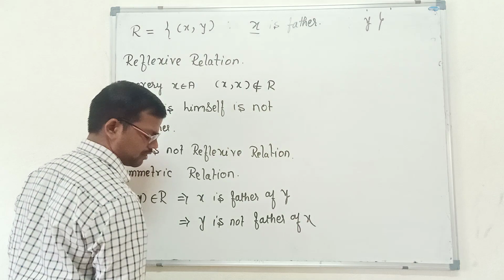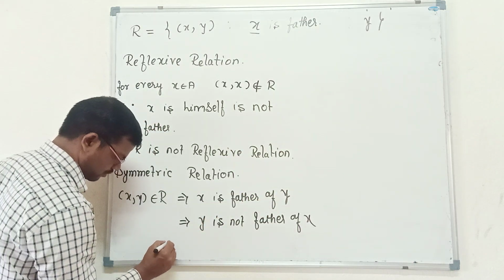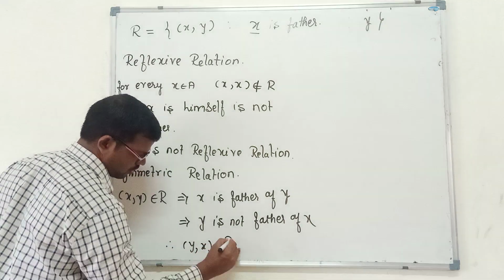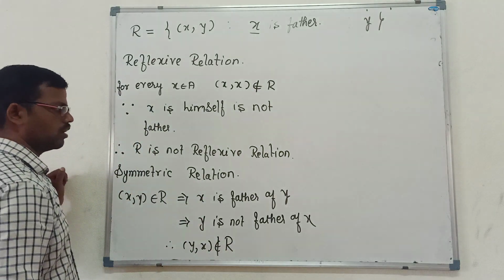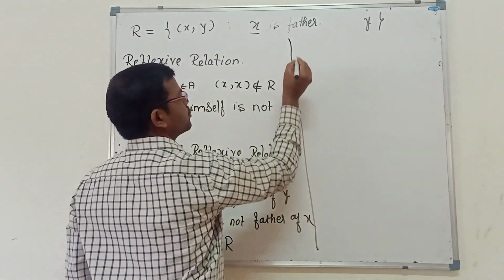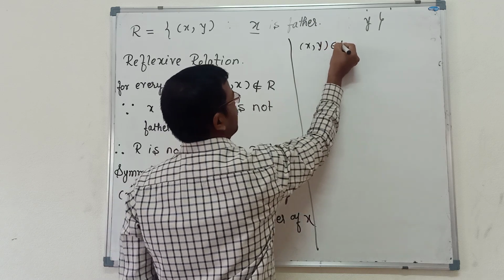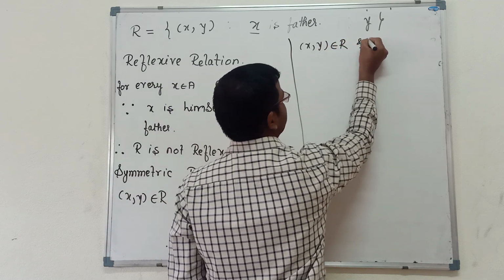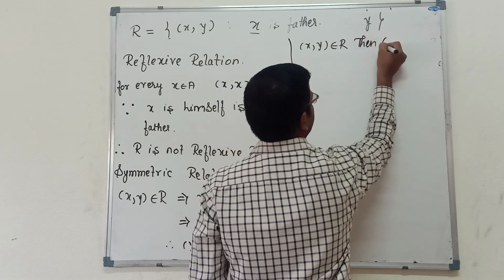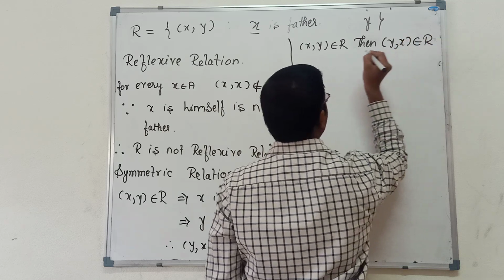Y may become a father of another person, but y is not a father of x. Therefore, y comma x does not belong to R. So what we got? x comma y belongs to R, and y comma x does not belong to R.